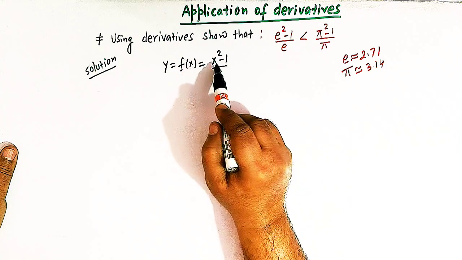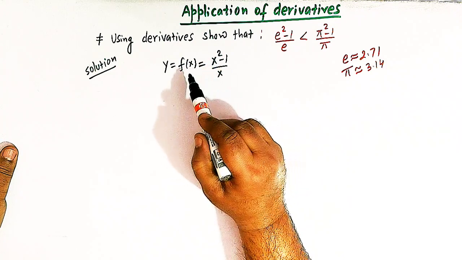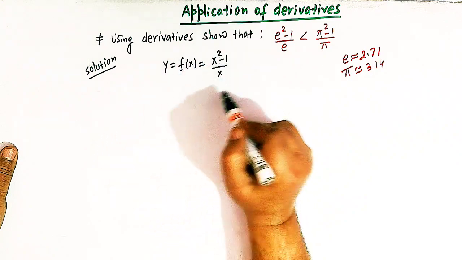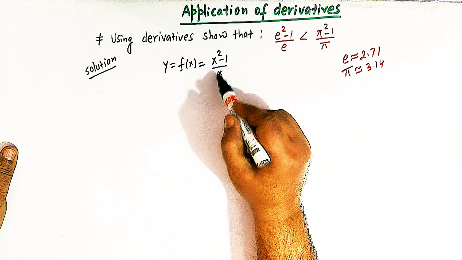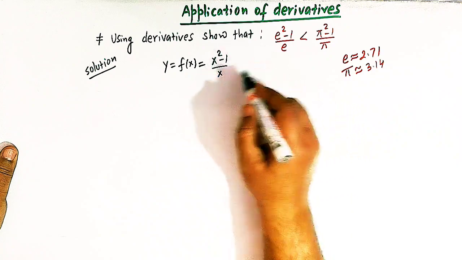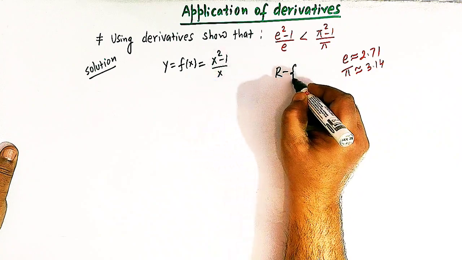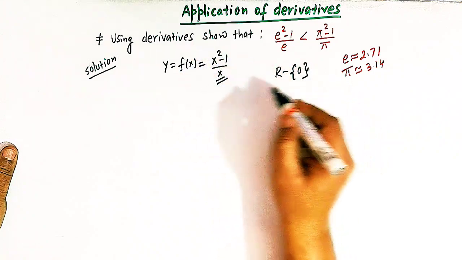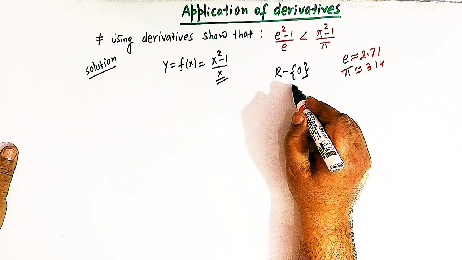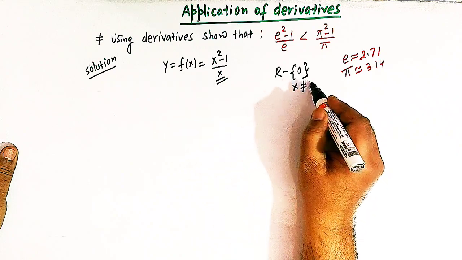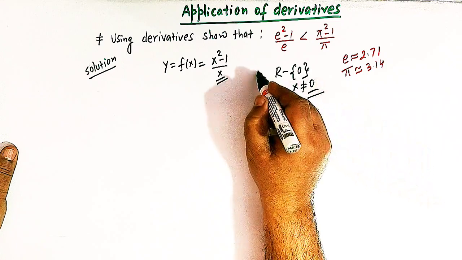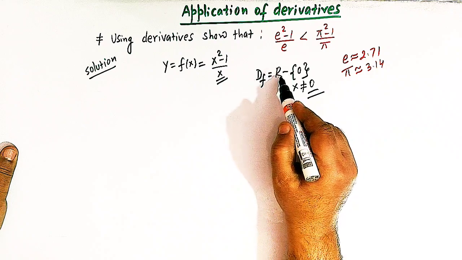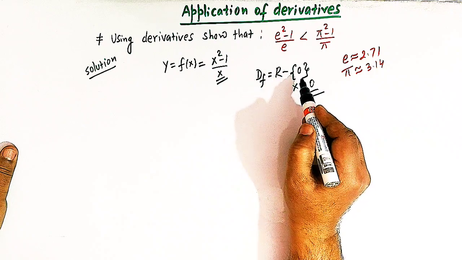The domain of this function is R minus 0, because in the denominator we have x, and the function is not defined for x equal to 0. So the domain is all real numbers except 0.